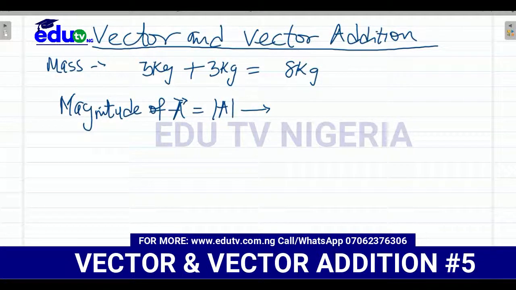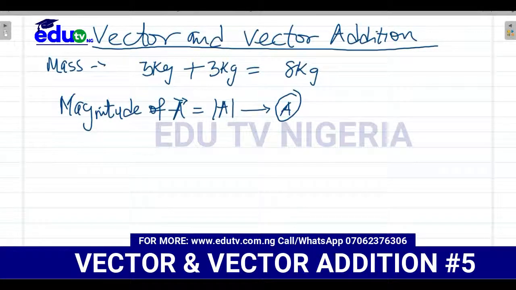That's the symbol for vector: an arrow above the letter. The italicized letter represents the magnitude of a vector, which you can also classify as a scalar.